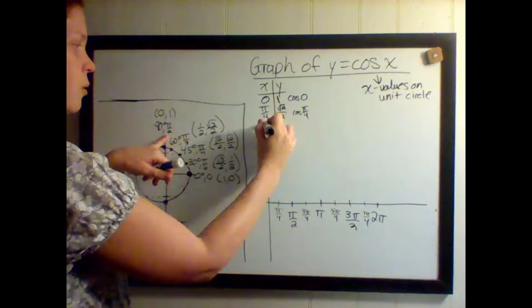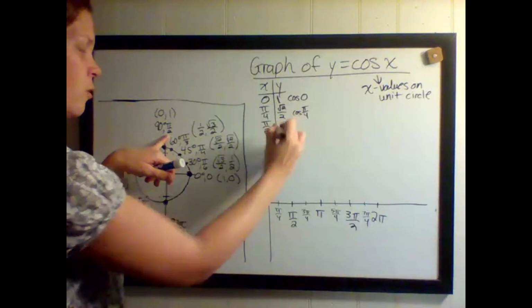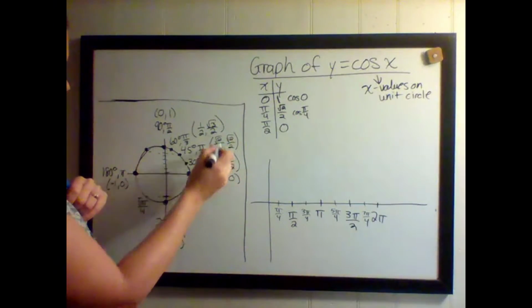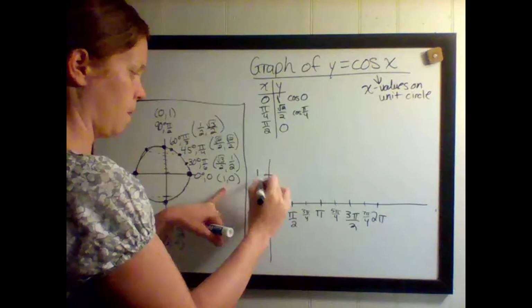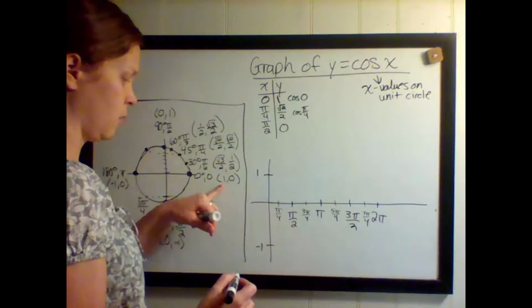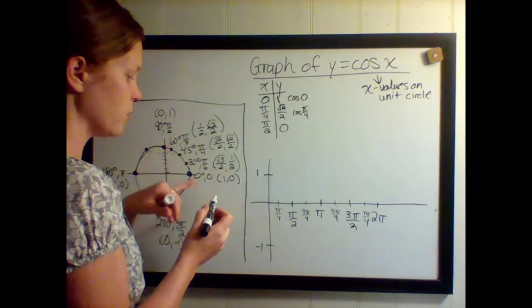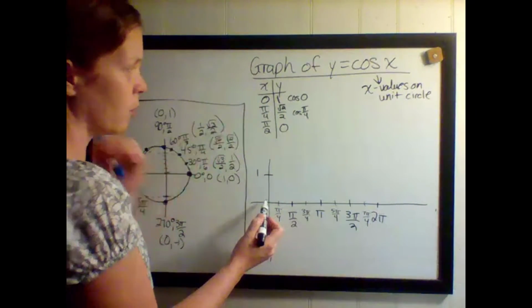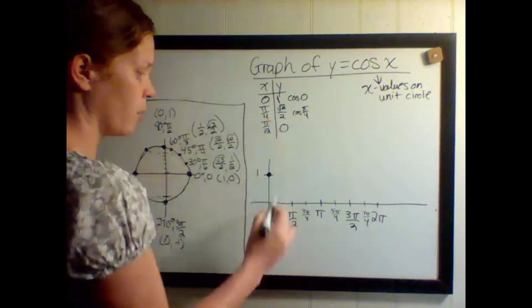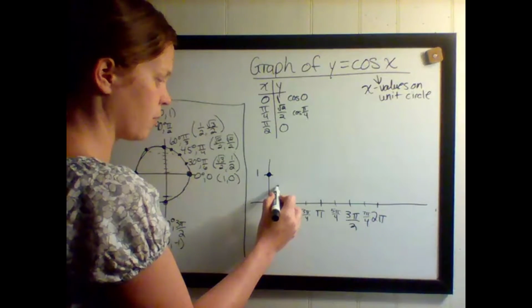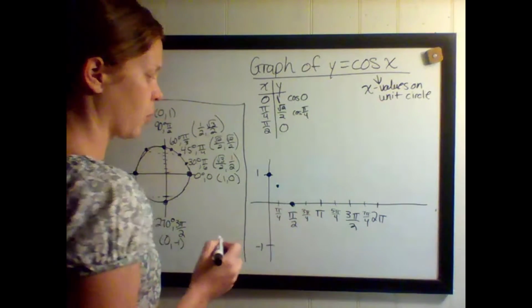Pi over 2 is an x value of 0. So notice, it's all of these x values. If we start off in quadrant 1, starting off right here, we've got our quadrant 1 values. At 0, that y value is a positive 1. We start off at 1. At pi over 4, now it's at 0.707. And then at pi over 2, we're at 0.